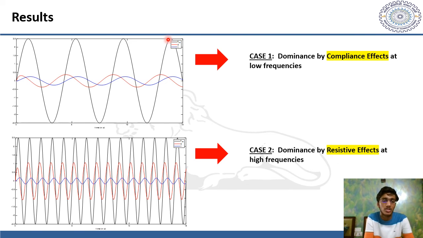So the first plot essentially tells us the situation at the low ventilation frequency, right? We noted that the normal respiration rate, a ventilation frequency of around 14 breaths per minute, is a relatively low value of frequency compared to the second case.